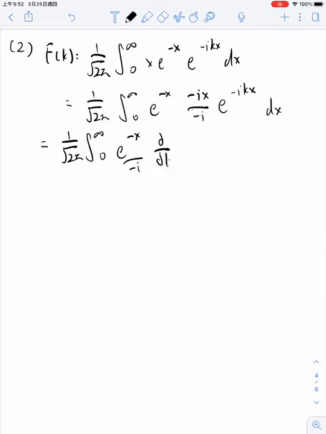This part is actually the partial derivative with respect to k of e to the power of negative ikx. And because the integral is with respect to x, we can take the partial derivative with respect to k out from there.